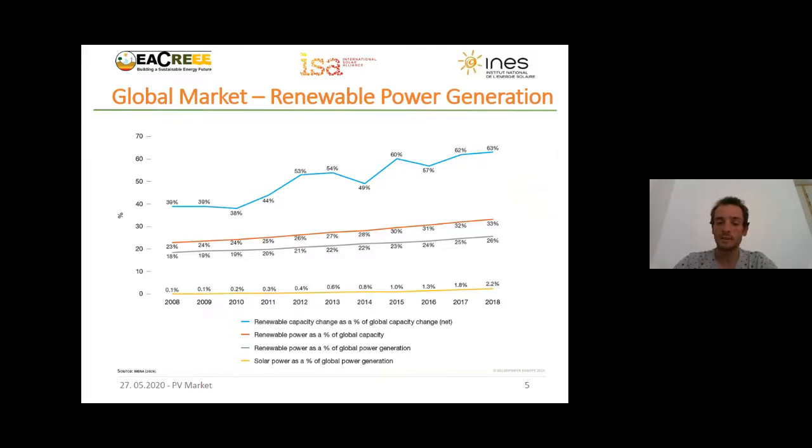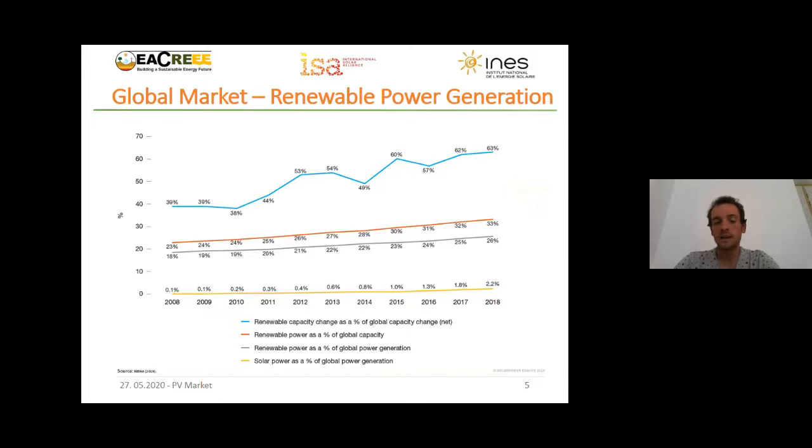Now, if we look at the red and the gray curve, the red curve gives you the renewable power as a percentage of global capacity. So if you look at the data in 2018, we have 33%.